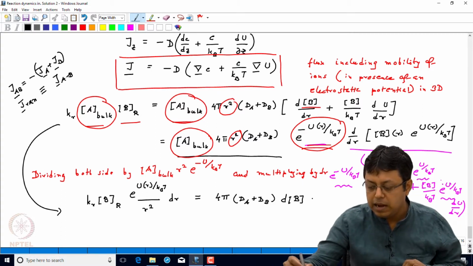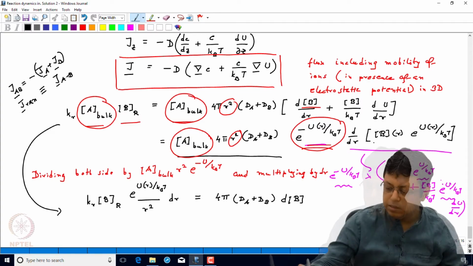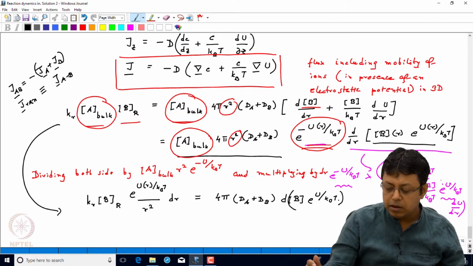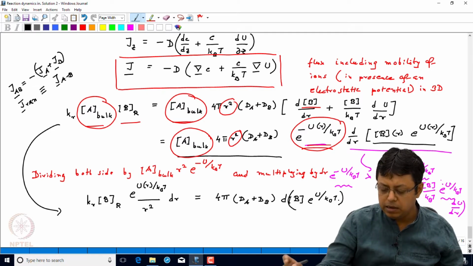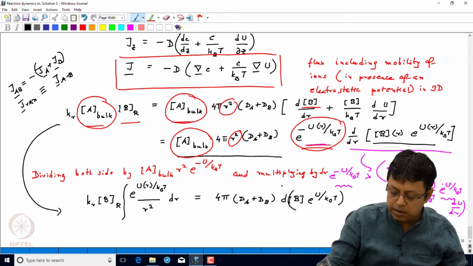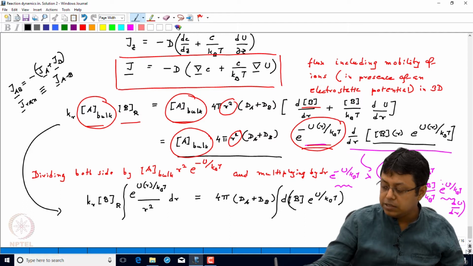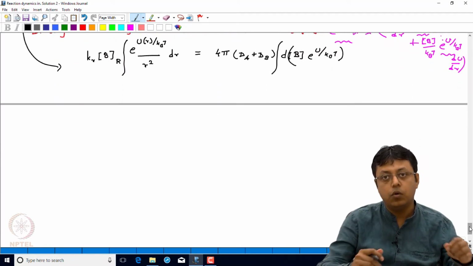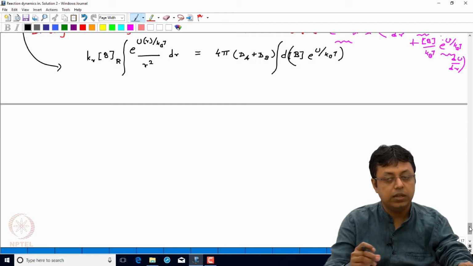Now let us have a look at this entire expression. This integration you can keep for the time being like this, e to the power u by kBT. This is a total derivative, so we can integrate it in a straightforward way, but the problem is that k(R) is a constant and b(R) is also a constant. The left hand side integration I cannot do immediately because I need to know the form of u(r), since I do not know yet how the potential varies with the distance.